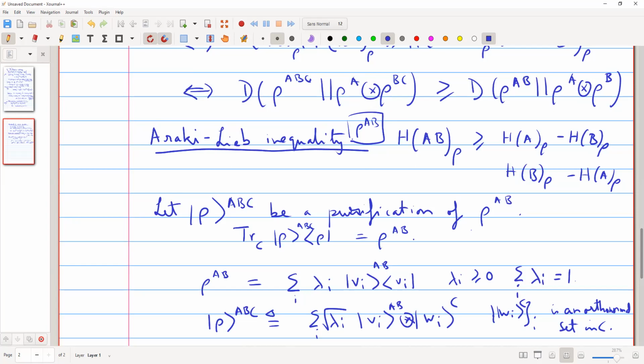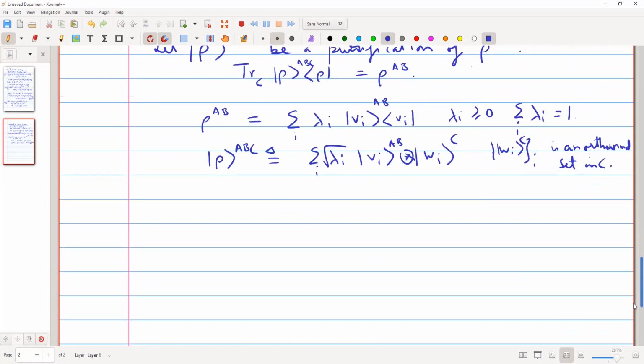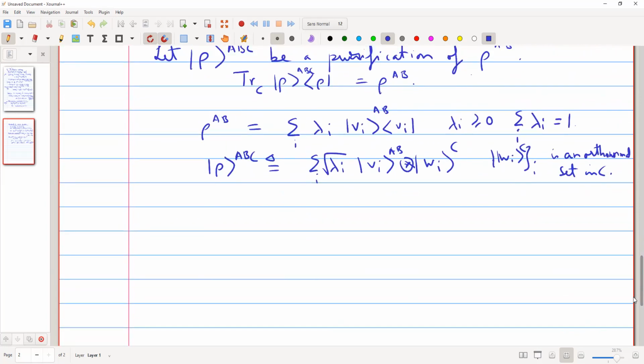So this is a pure state. You can check that it's length 1. And again, from what we have seen earlier of the Schmidt decomposition, it's easy to see that if you take this pure state, write it as ket bra, and trace out C, I'm going to get back the good old rho AB.